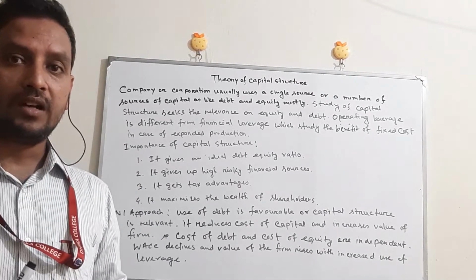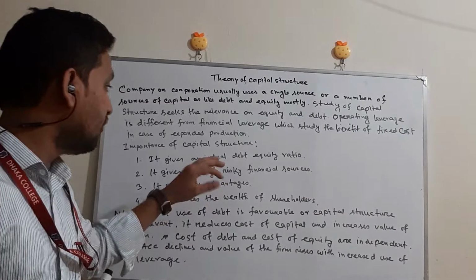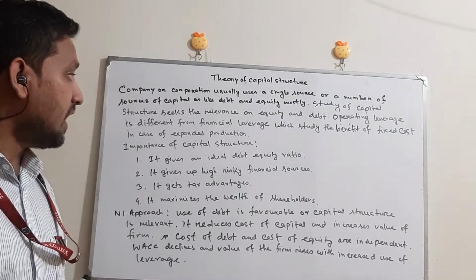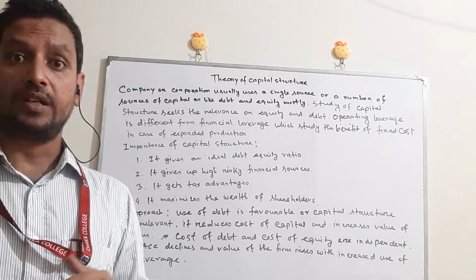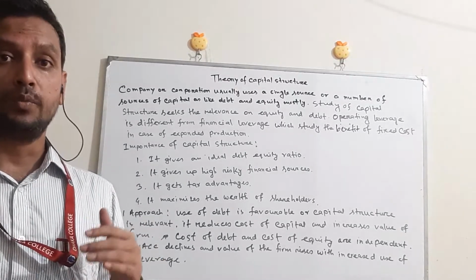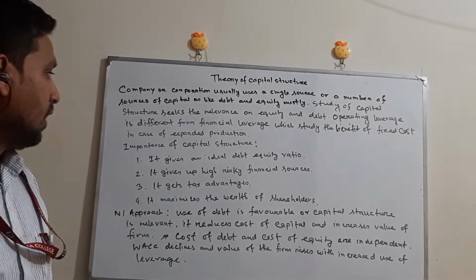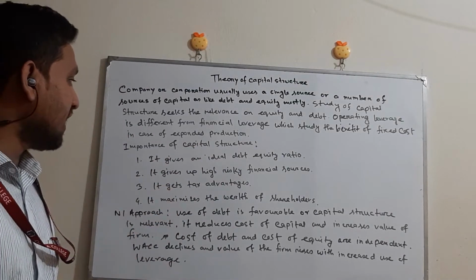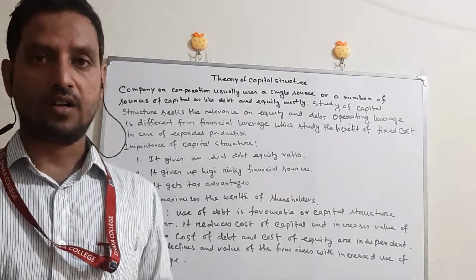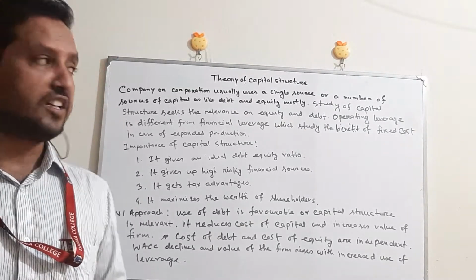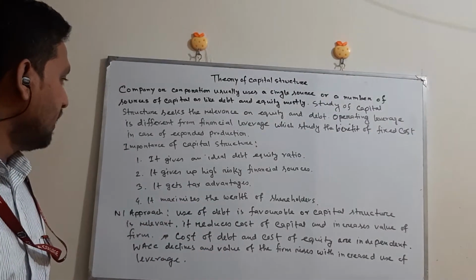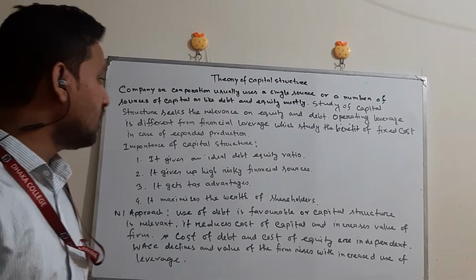So the risky financial resources are made known to the corporation by the capital structure. Third, it gets tax advantages. Fourth, it maximizes the wealth of shareholders.